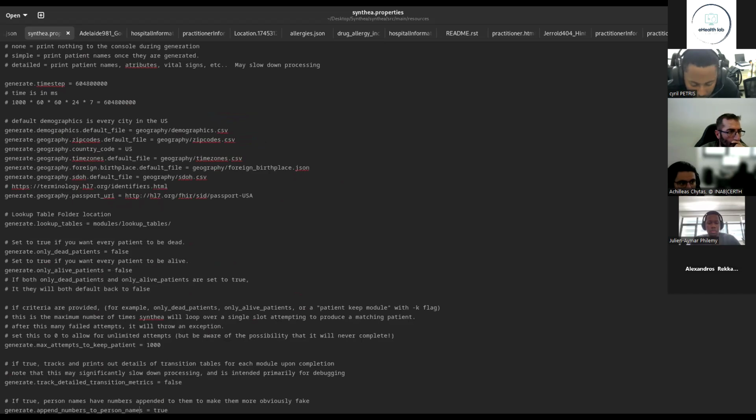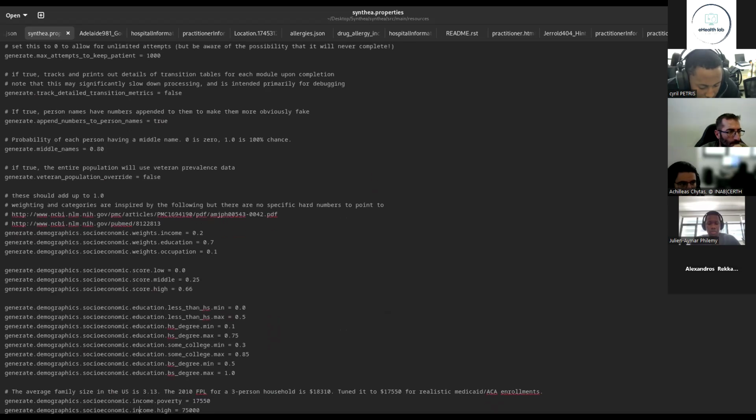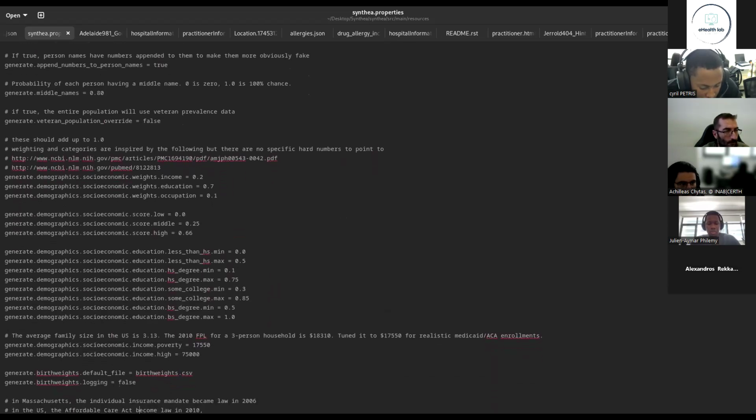I haven't used those parameters yet, but right here you can select what should influence more whether the patient is in a good place.